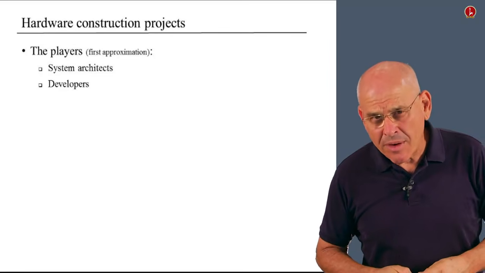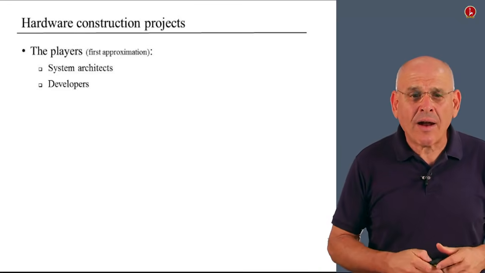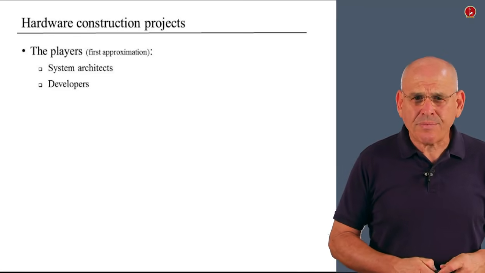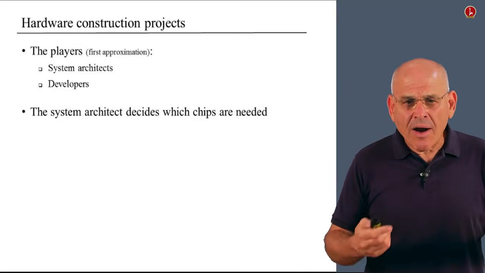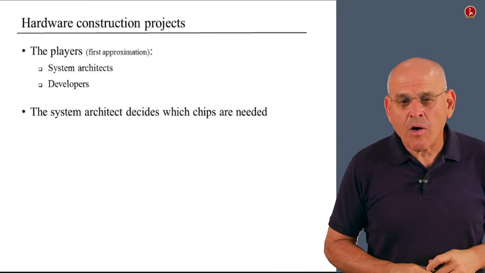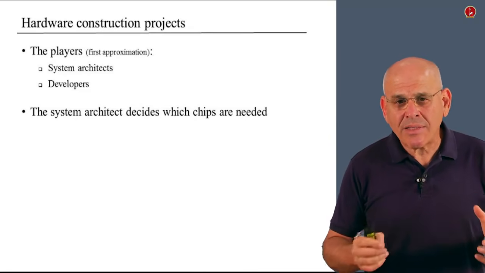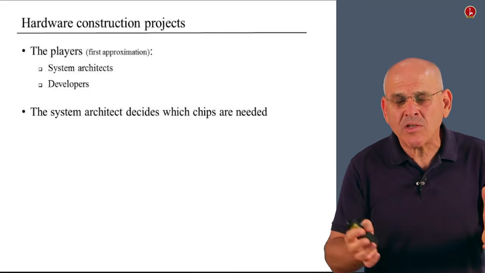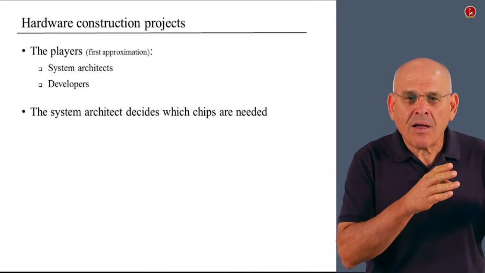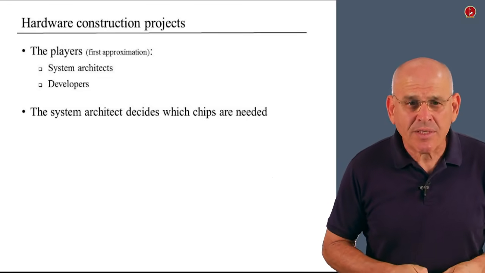The other member in the team is a developer, or more than one developer or more than one architect, and together they have to design this chip. So how do they do it? Well, the system architect looks at the overall desired operation of the chip, and then makes some decisions about how to break this overall behavior into a set of smaller, lower-level chips.